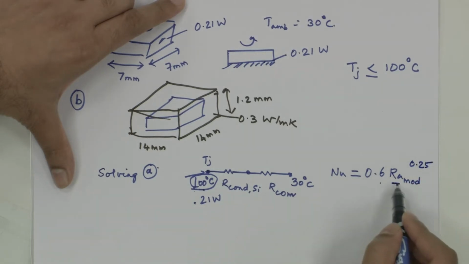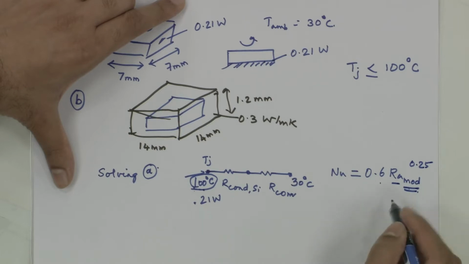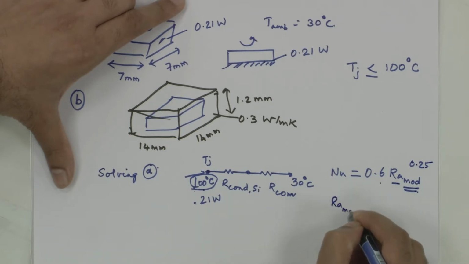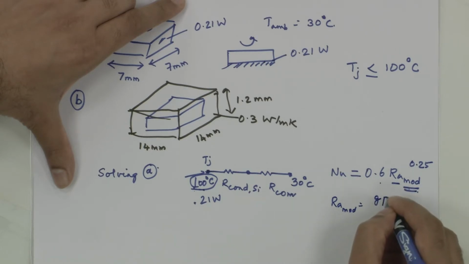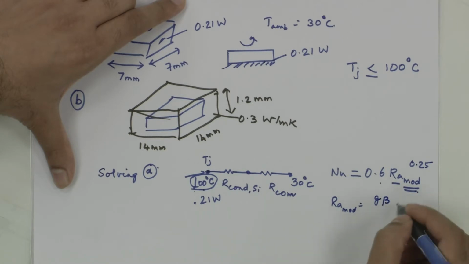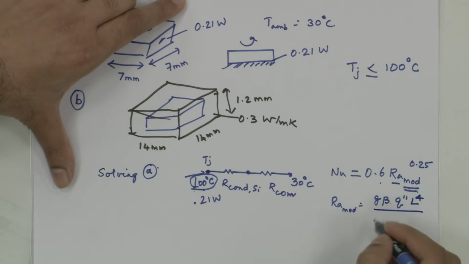It is 0.6 times the modified Rayleigh number, because we need to account for flux, not temperature, as the driving force. The modified Rayleigh number is defined as g times beta times the flux dissipated times the characteristic length scale raised to the power 4, divided by k times alpha times nu. Here g is the acceleration due to gravity, beta is the coefficient of thermal expansion, k is the thermal conductivity of the fluid, in this case air, alpha is the thermal diffusivity of the fluid, and nu is the kinematic viscosity of the fluid.